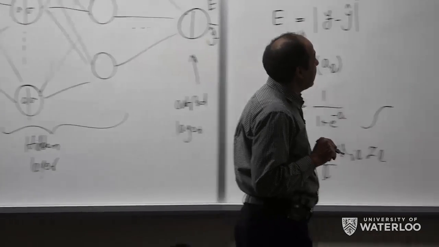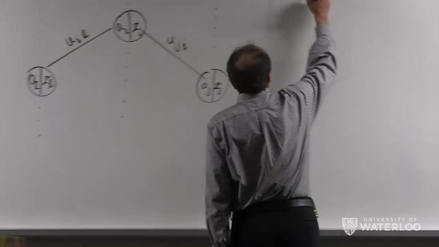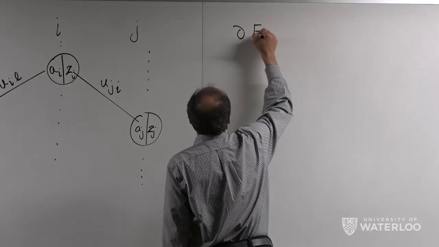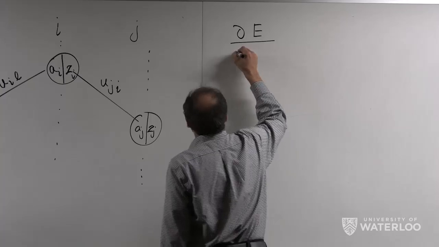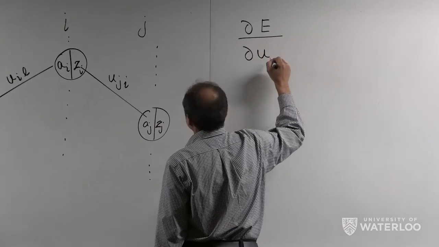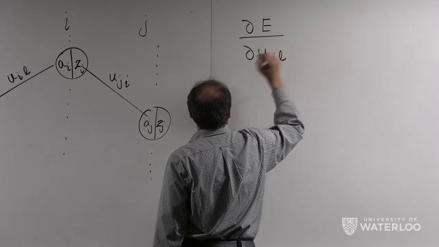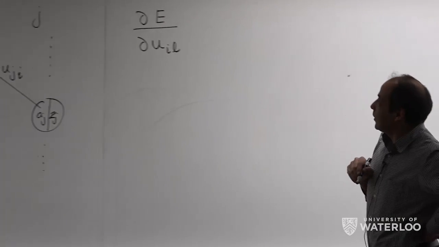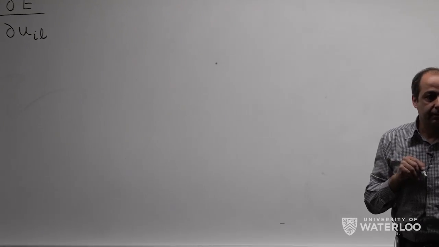Okay, so what I want to do is to take the derivative of the cost function with respect to one of these weights. So I want to take the derivative of E with respect to UIL.